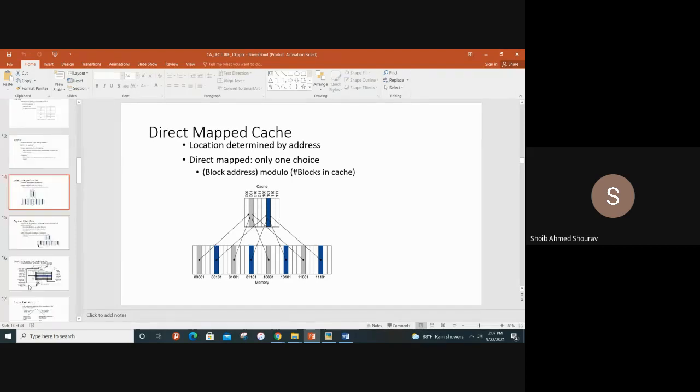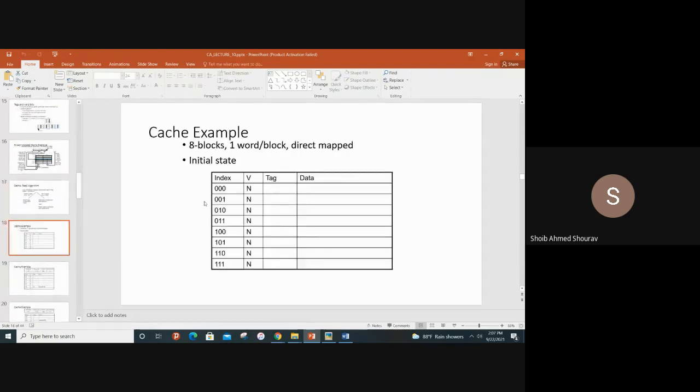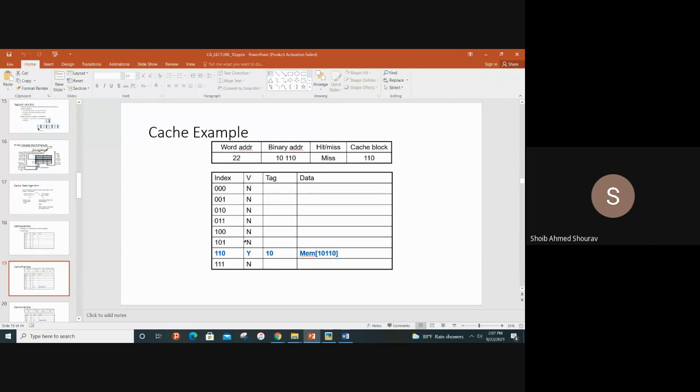In each cache block, we don't only store the tag bits, but also a valid bit and data. The valid bit is one bit, maybe one for yes and zero for no. Then there is the tag, then there is the data.